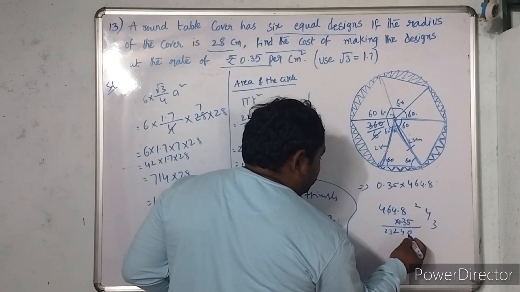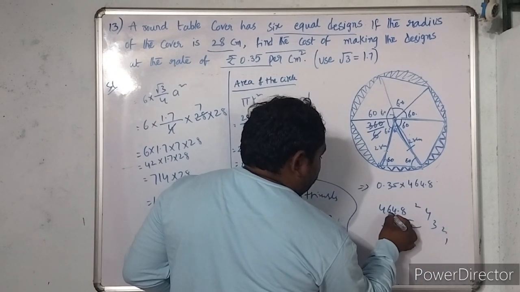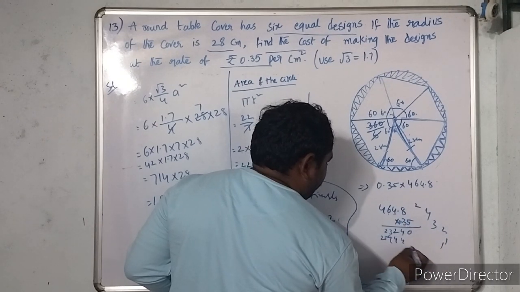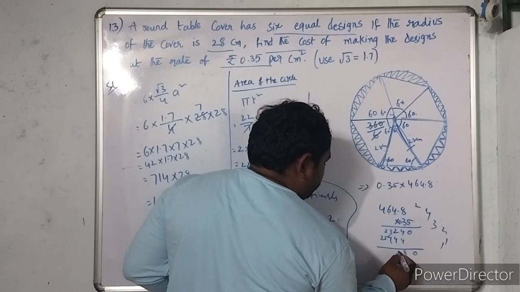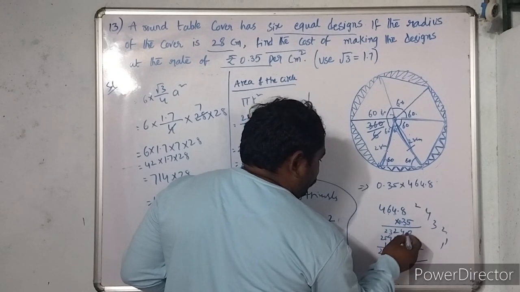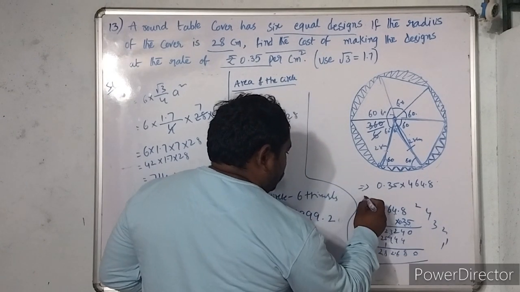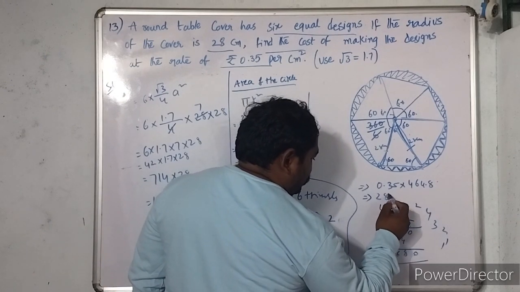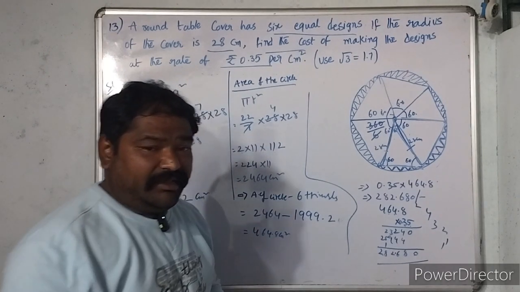Multiplying with 3, 3 8s are 24, 3 4s are 12 plus 2 14, 3 6s are 18 plus 1 19, 3 4s are 12 plus 1 13. 0 remains constant. We have the point after 1 2 3 places. Therefore the cost to design this 6 faces is 282.680 rupees. Okay, thank you.